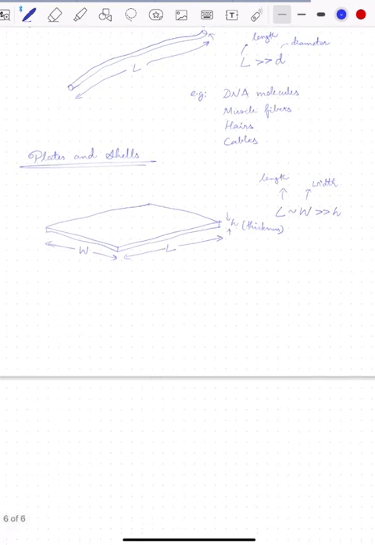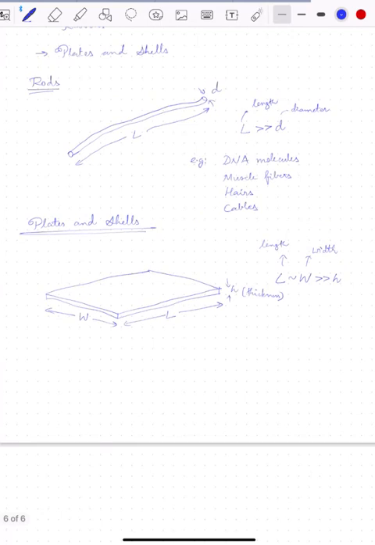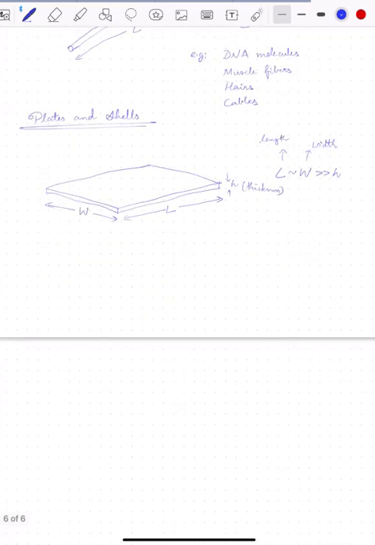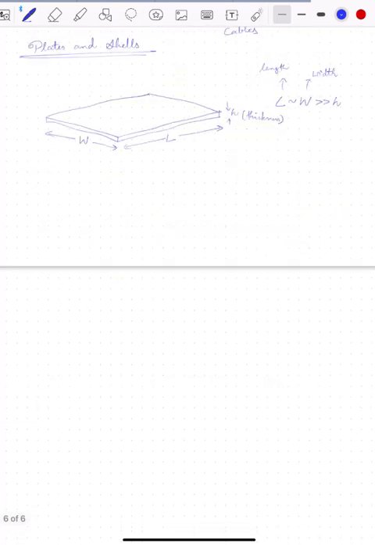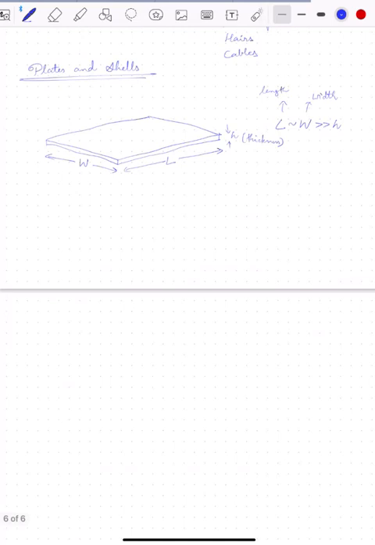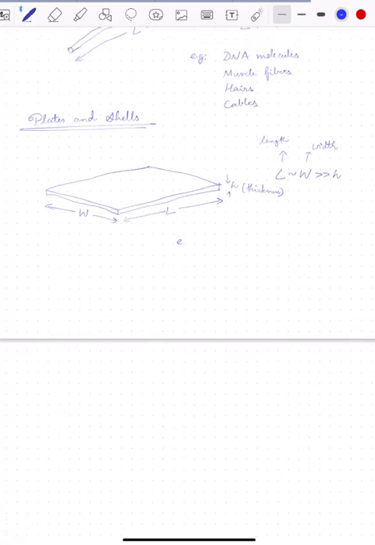Such structures are called plates and shells. Curved plates are also called shells, so shell-like structures. For example, a pressurized sphere. These are like curved plates called shells.